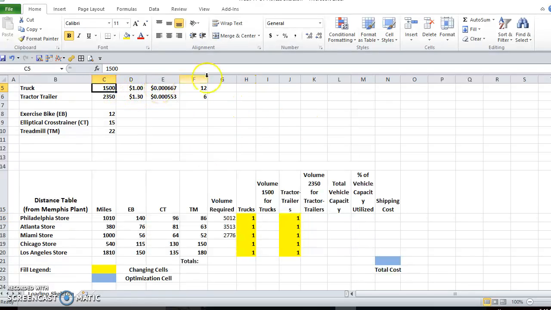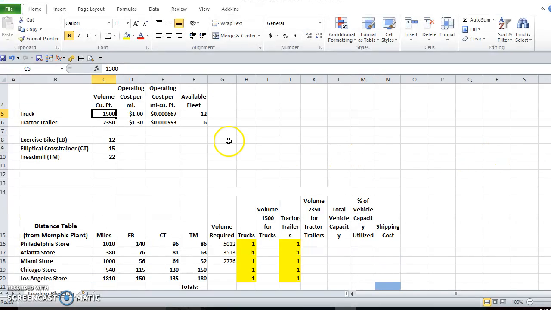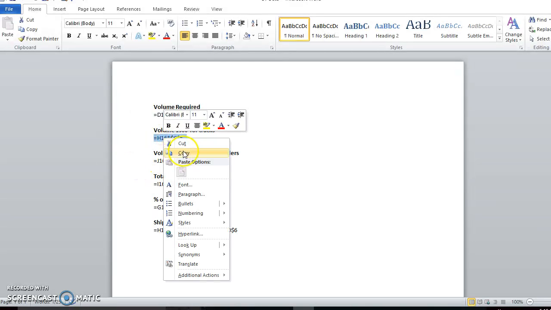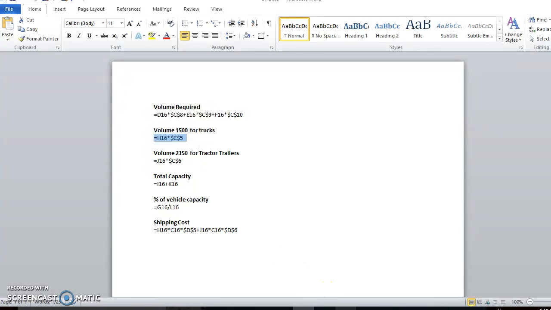And there it is right there. Let me bring this up so you can get a full view of that. Our volume of square feet per truck is 1,500. So for this one, it's really looking at C5 times the number of trucks that you're going to use. Pretty straightforward. I typed that in, but it's easier to simply copy and paste.